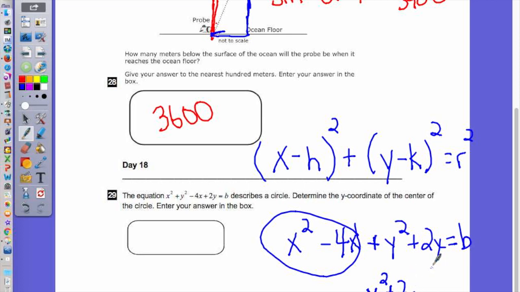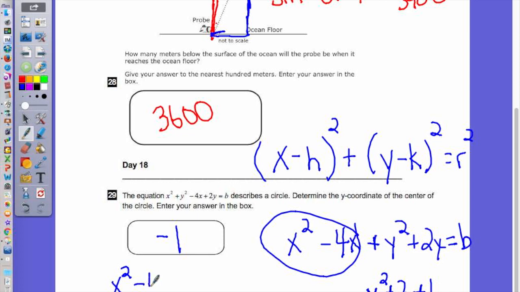How do I complete the square? Half of the b term, so half of 2 squared, plus what? So that's going to become y plus 1 quantity squared, right? But the default is negative. So y plus 1 means the y coordinate of the center is at negative 1. If they asked for the x coordinate, I'm going to take the part that would help me with the x coordinate.